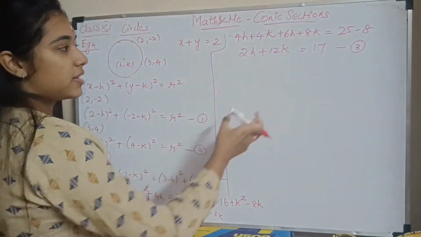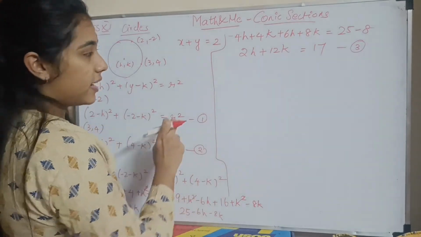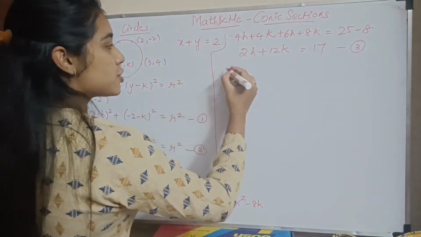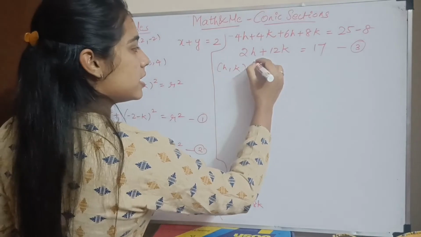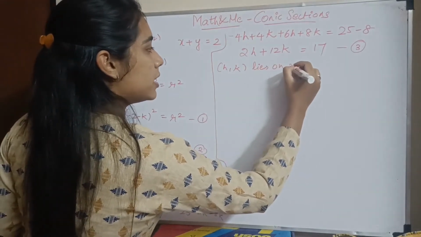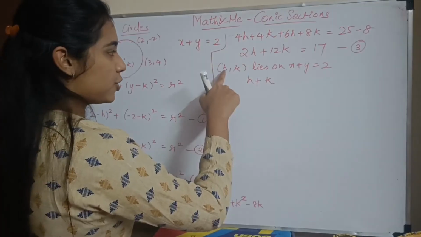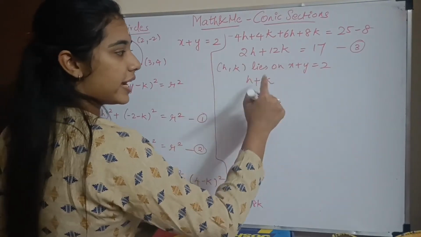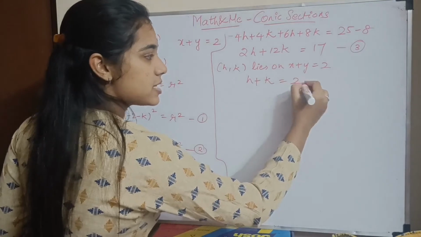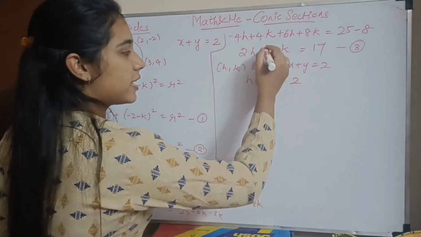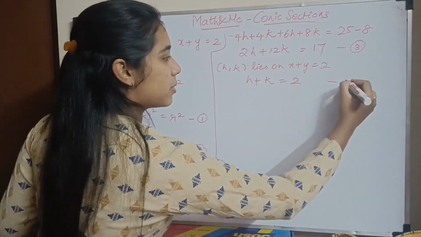In this equation I have two unknowns. They have said that the center lies on this. So if the center lies on x plus y equals 2, what does my equation become? When I substitute h instead of x and k instead of y, I have h plus k equals 2. So this is my equation number 4.